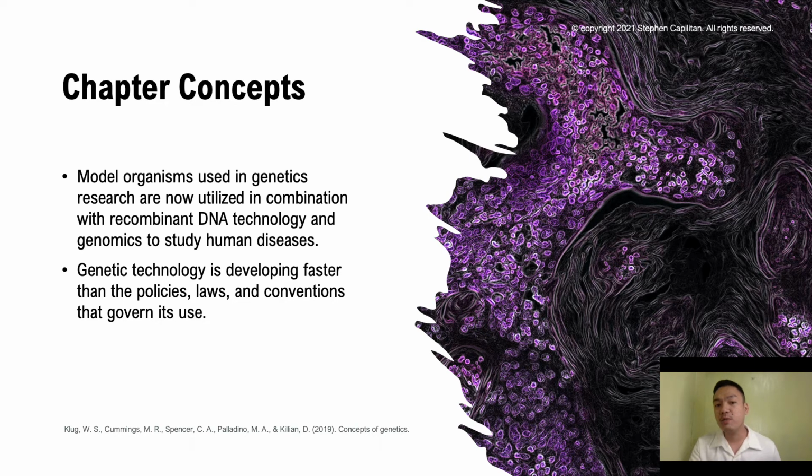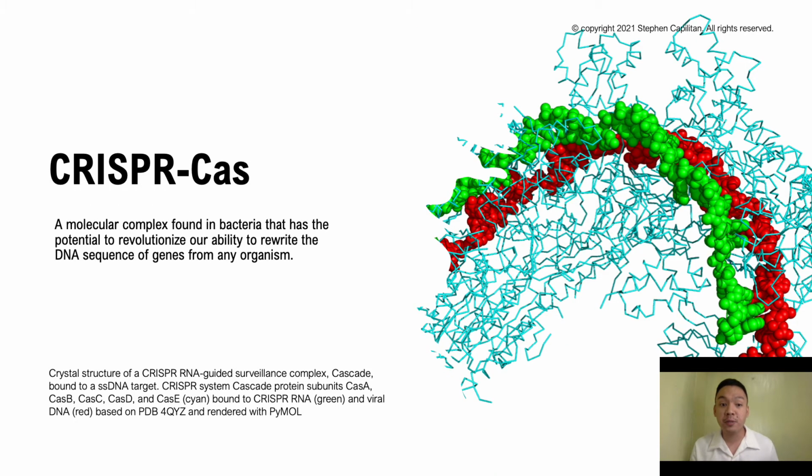So let's start with this very phenomenal molecule, which we call CRISPR Cas. CRISPR Cas is a molecular complex found in bacteria that has the potential to revolutionize our ability to rewrite the DNA sequence of genes from any organism, meaning that technically we could customize or design babies in accordance with the preferences of the parents.